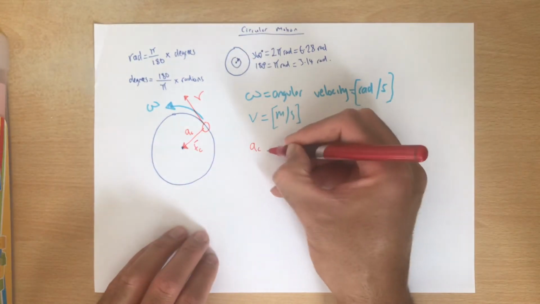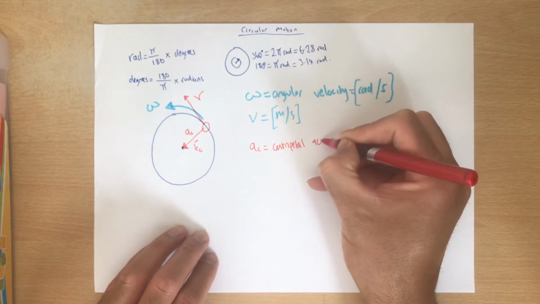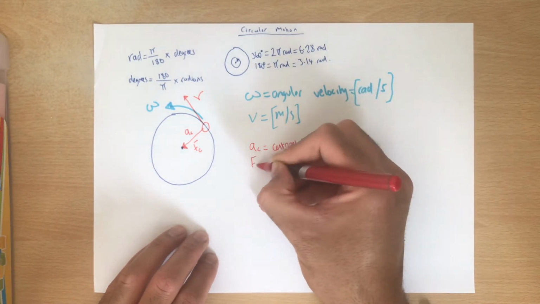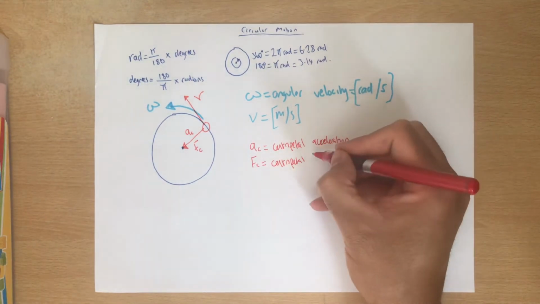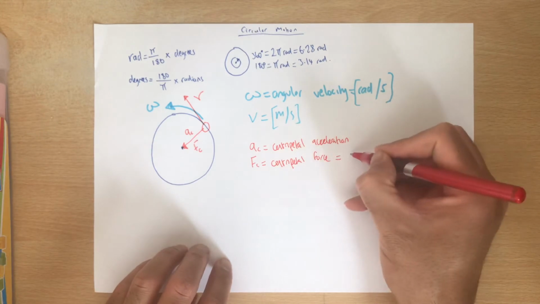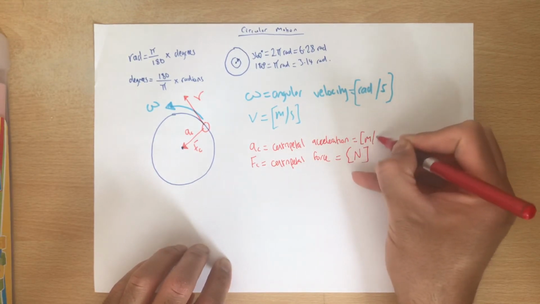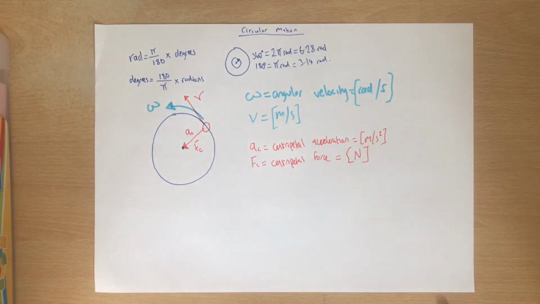So AC is our centripetal acceleration, and FC is our centripetal force. This here is measured in newtons, and this here is measured in meters per second squared. So there are two quantities that we've got to think about.